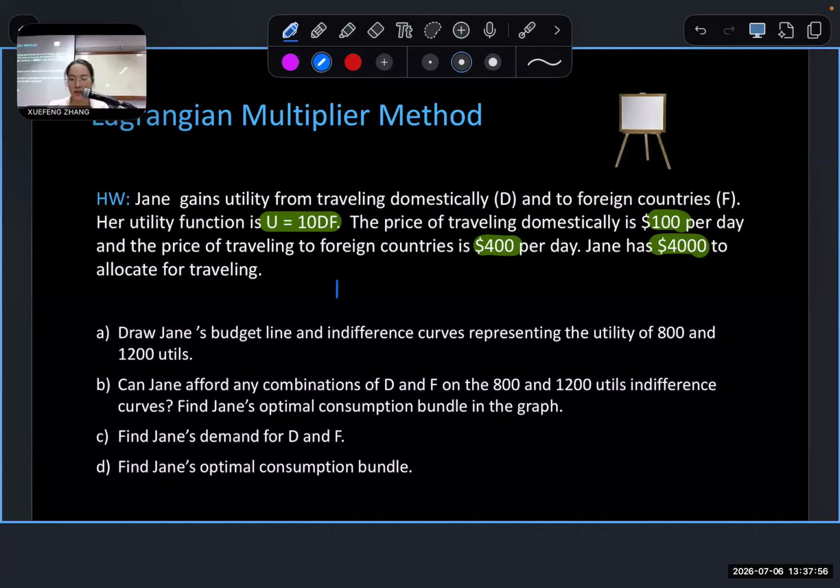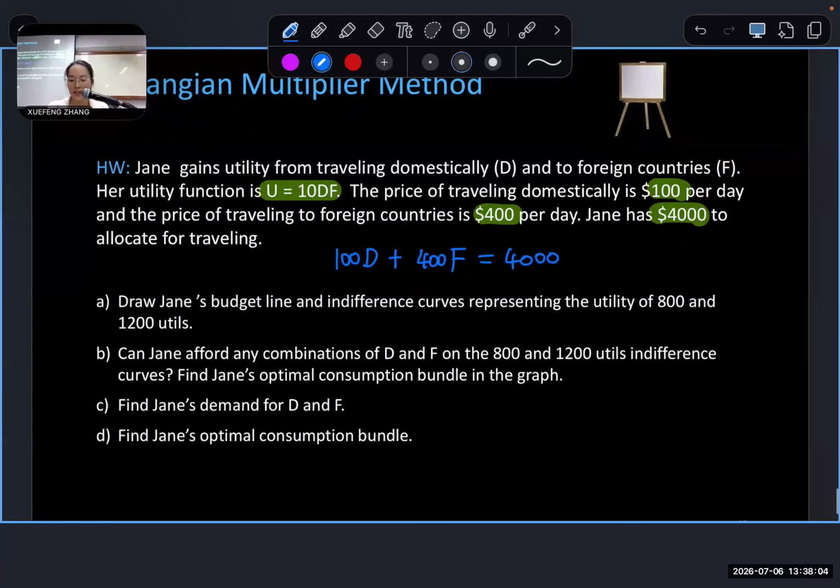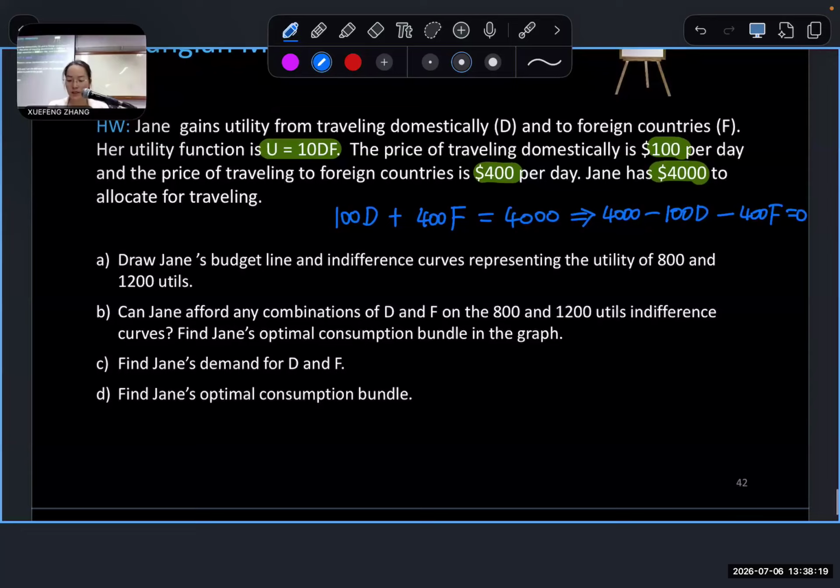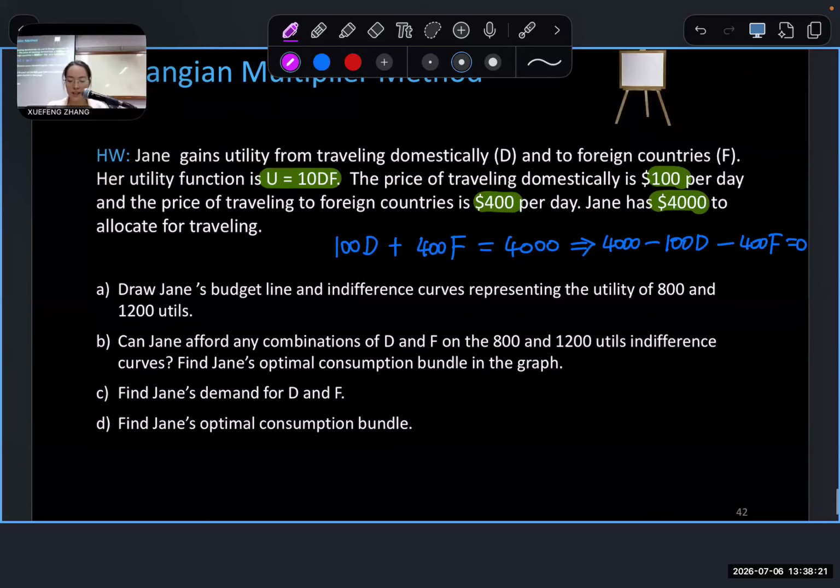Okay, so it's 100 times D plus 400 times F equals 4,000, right? This is the budget constraint, but we need to rewrite it into 4,000 minus 100D minus 400F equals 0. Remember, objective function first and then constraint later. Okay, this is our constraint.